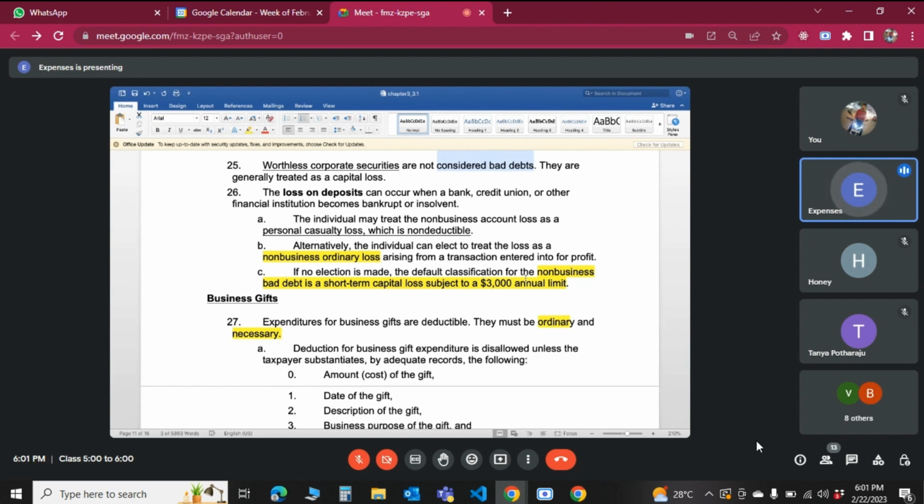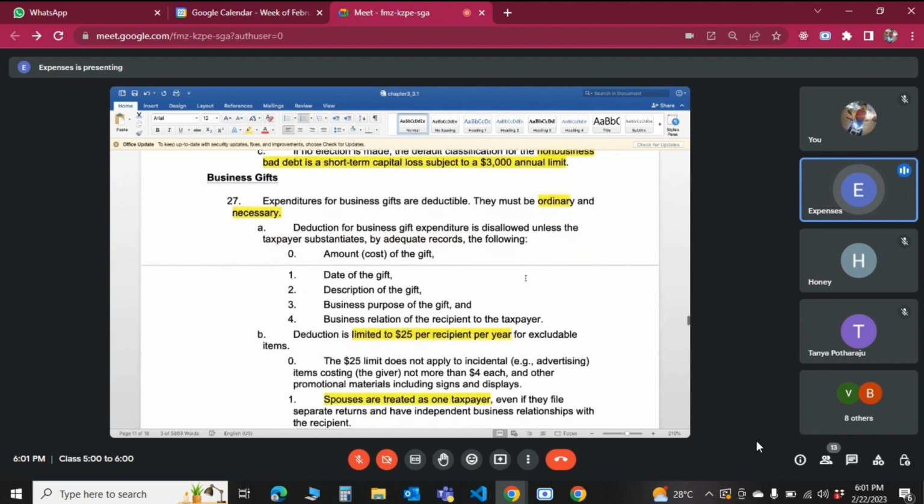But capital losses can be offset against capital gains. If the person doesn't have gains, then they can claim only $3,000 a year, and the rest can be carried forward.